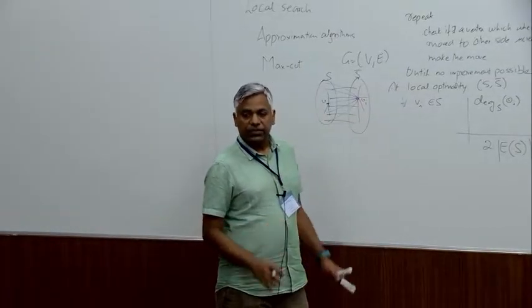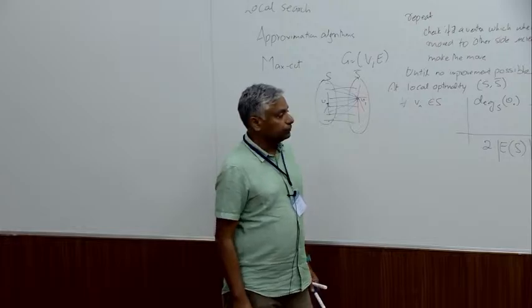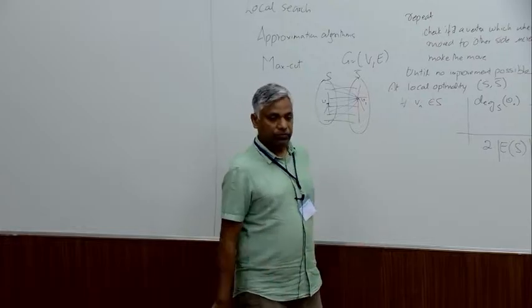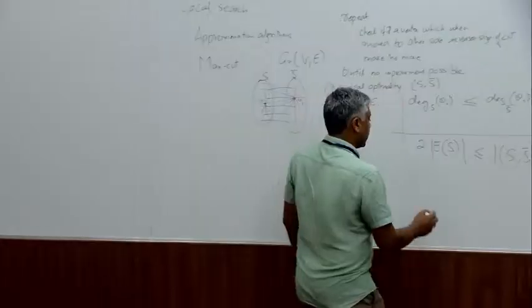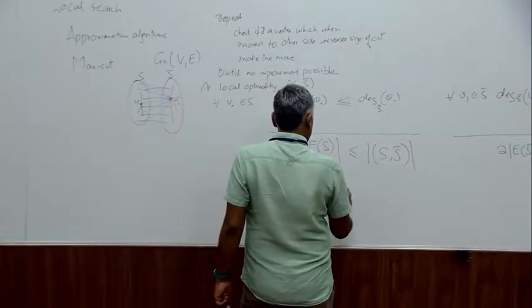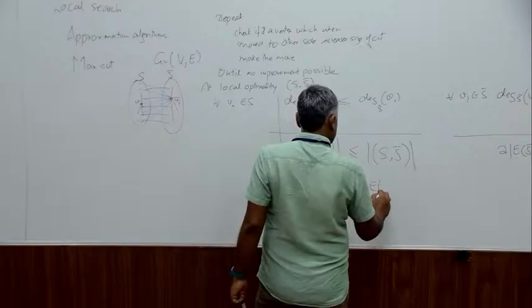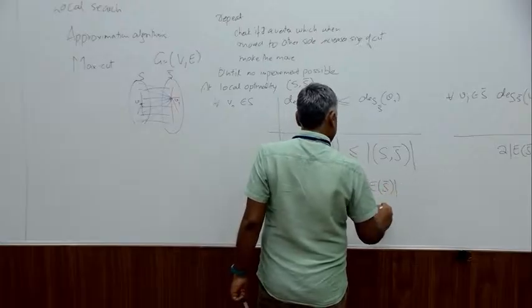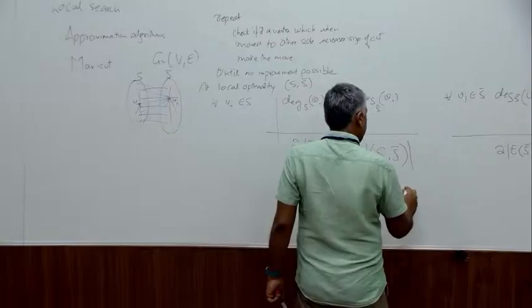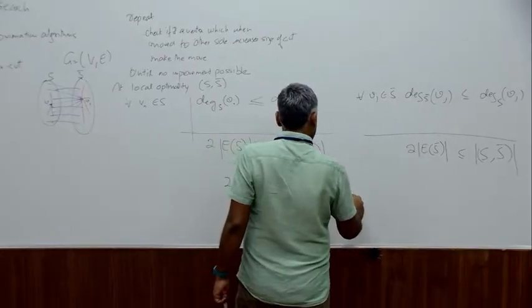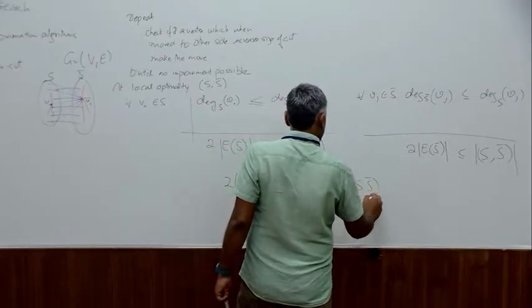Nothing very sophisticated, we're just summing up some inequalities. Now let's sum up both of these. So what do I get? 2 times the number of edges in S plus the number of edges in S complement is less than 2 times the size of the cut S, S complement.